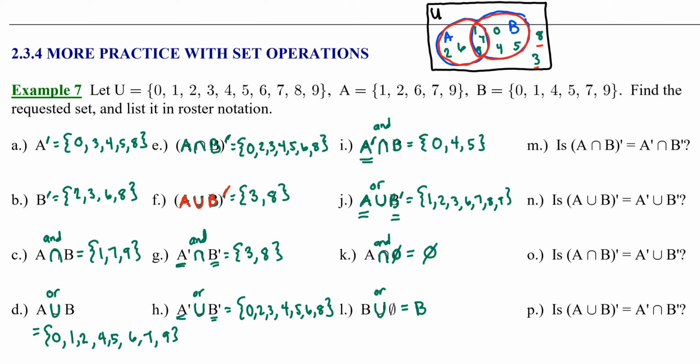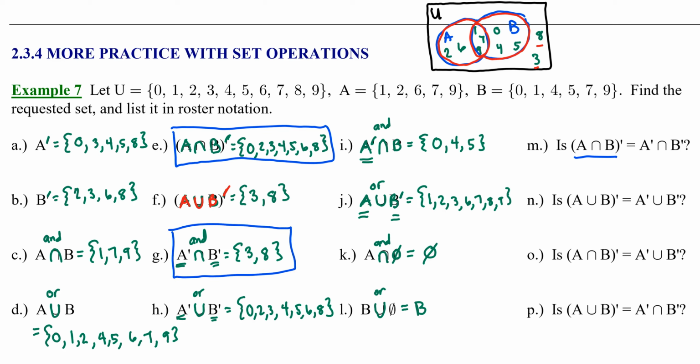Let's see if we can answer the last few questions. Is A intersect B complement equal to A complement intersect B complement? Well, let's go find those sets because we've already done the hard work. A intersect B complement is this set right here. And A complement intersect B complement is this set right here.